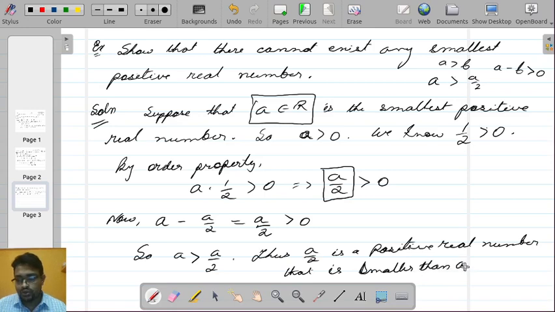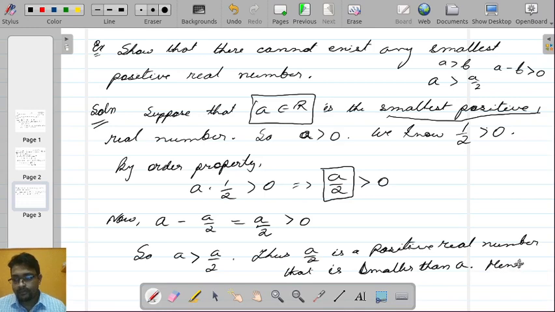So what is the problem then? We have claimed that a is the smallest positive number, but immediately we have shown that a by 2 is a number which is also smaller than a. That means our claim is incorrect. a cannot be the smallest. So a by 2 is a positive real number that is smaller than a.